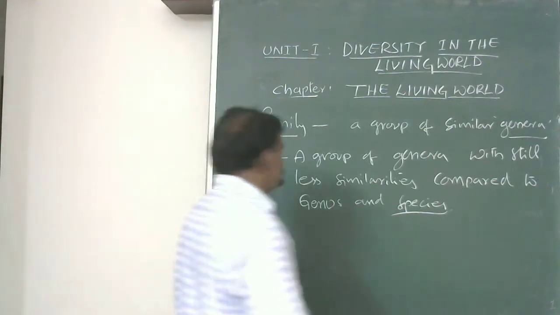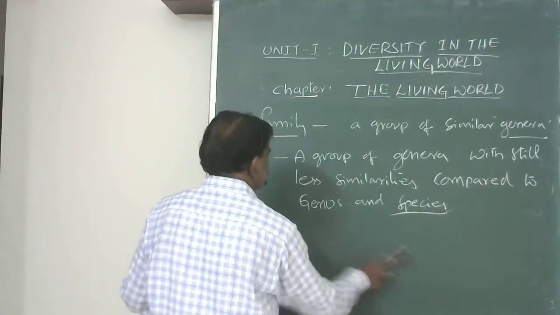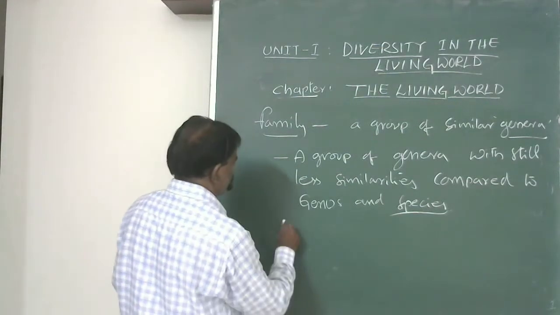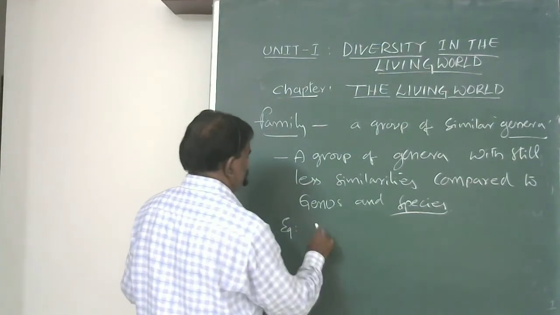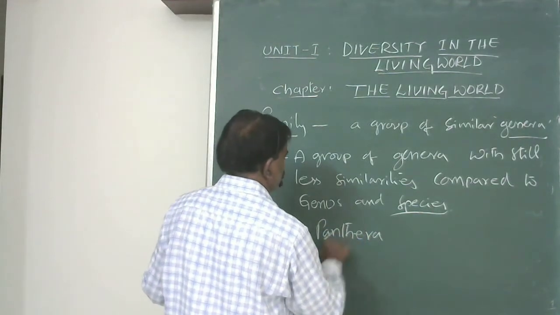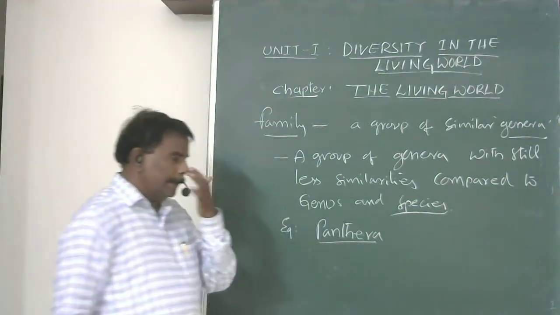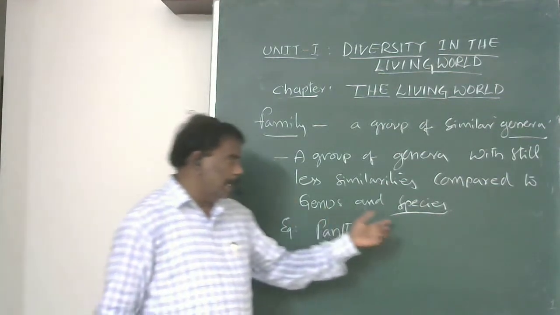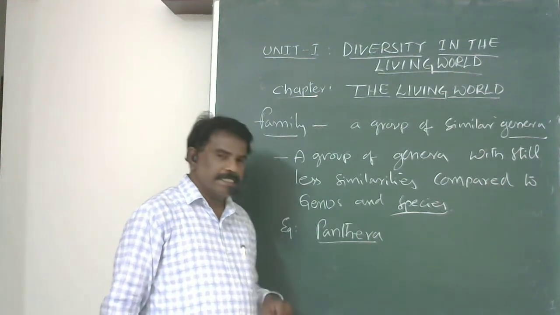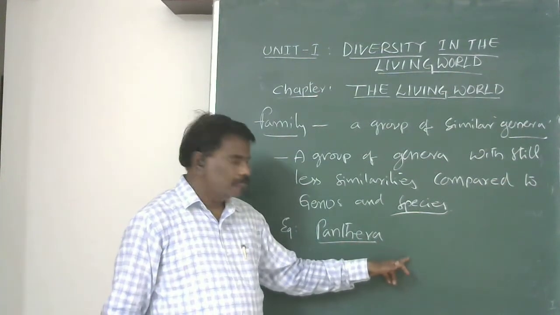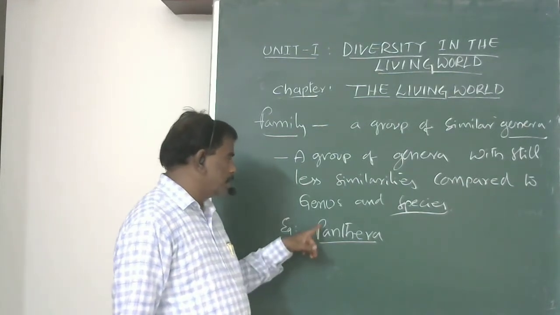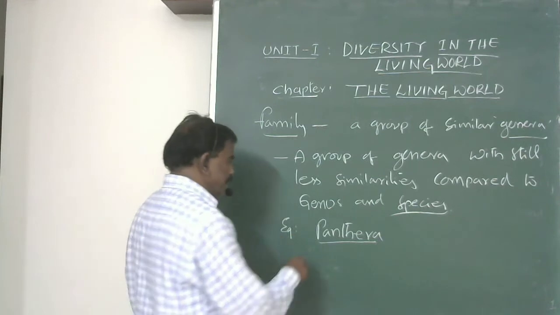Let us consider some examples. Animal example. Panthera is a genus. This genus contains lion, Panthera leo, Panthera tigris, and Panthera pardus, the leopard. This is one genus.